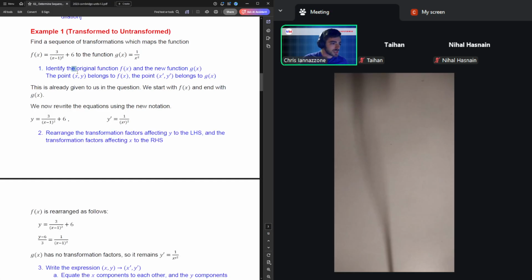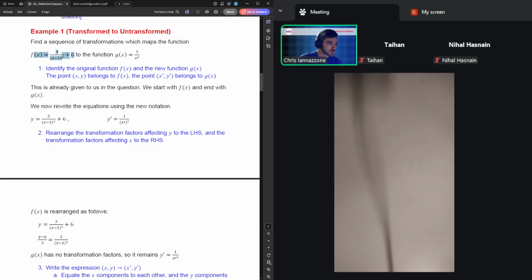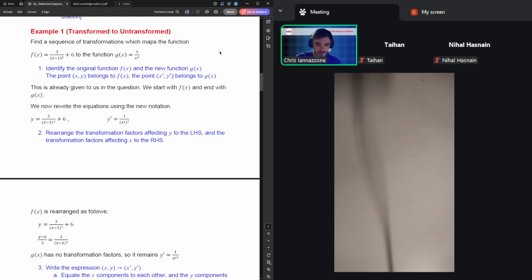So step 1 is literally identifying where we start and where we go. This is all about getting our notation correct. So f of x is going to be the original function, g of x is going to be the new function. And to get our notation proper, we're going to be rewriting things in terms of x, y and x dash, y dash. x, y is going to go to the original function, f of x, which is why instead of writing f equals all that, we have y equals all of that.